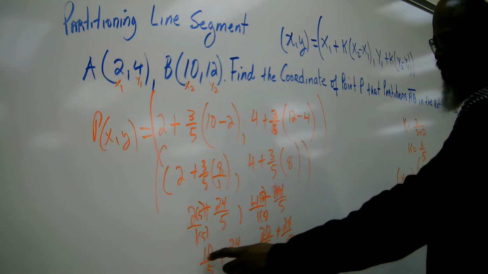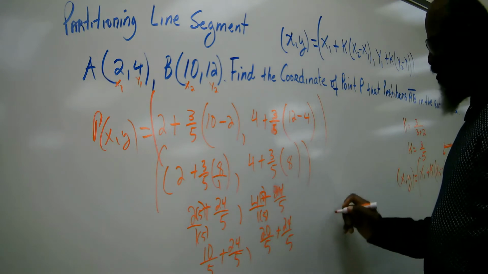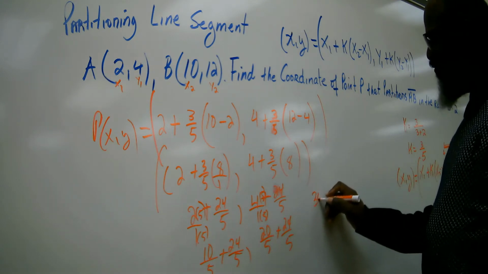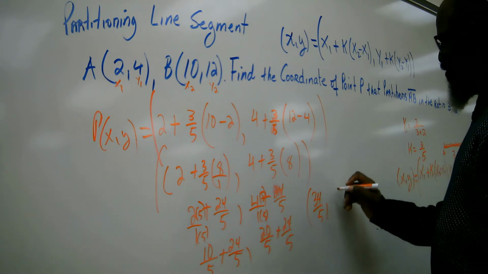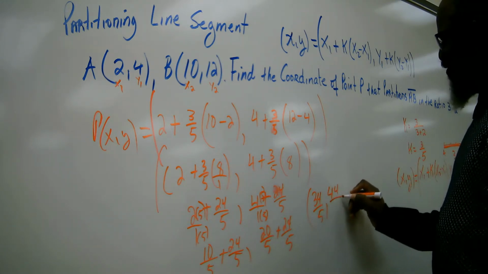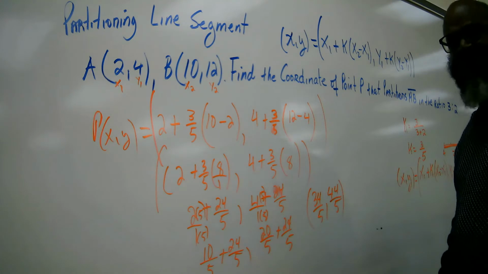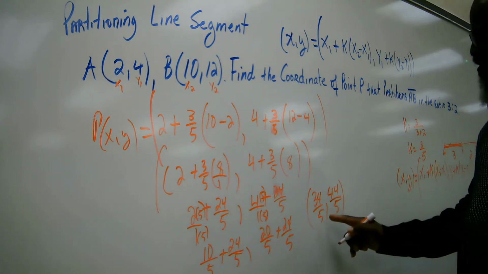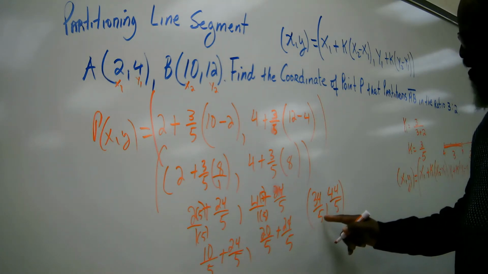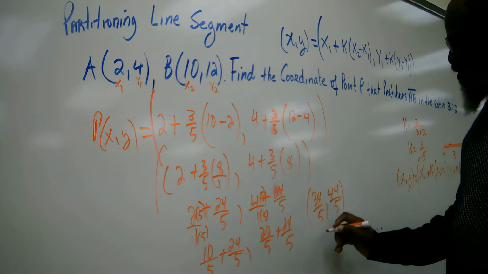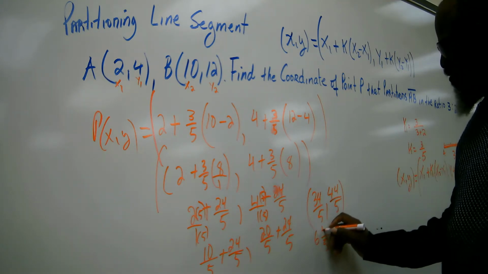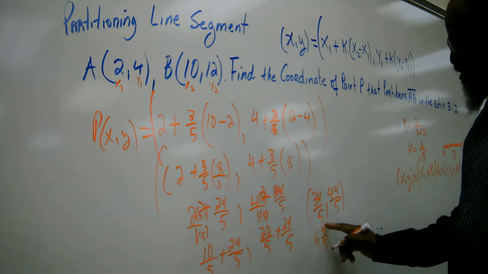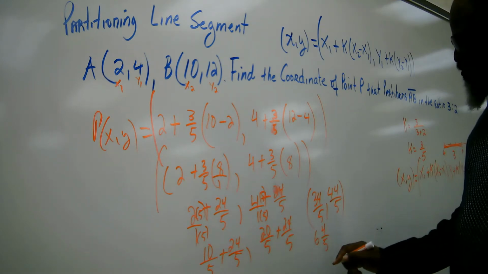We will have 10 plus 24, so you will end up with 34/5, comma, 44/5. So this is the point where you are going to land. If you want to change that to decimal, you ask yourself how many times 5 goes into 34, that would be 6 and 4/5, or 6.8.